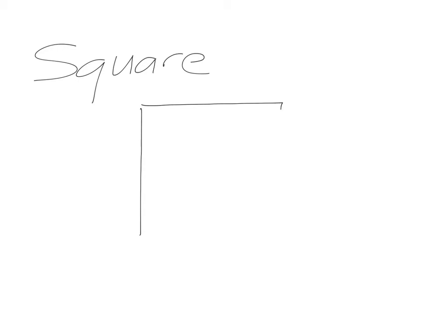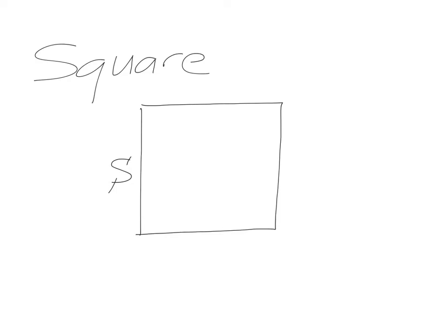We'll start with the real basic one, which is the square. When I have a square, we know all the sides are the same, and we're going to say the side has a length of s, which means there are s units.